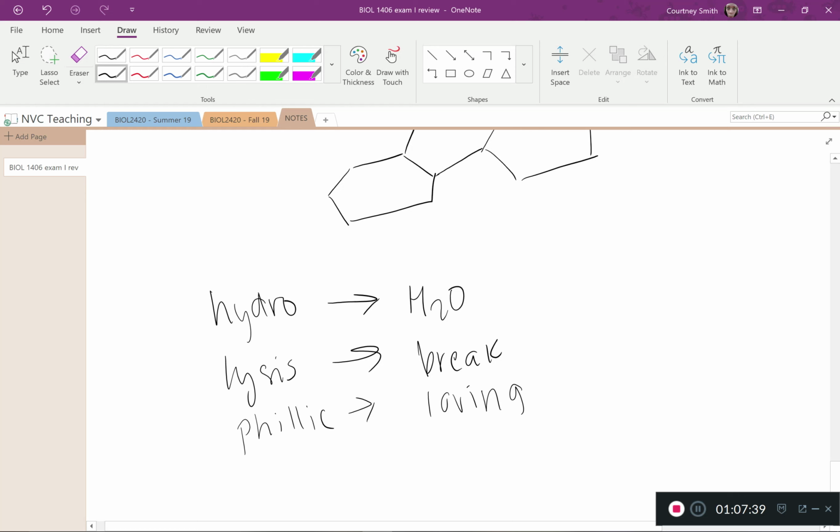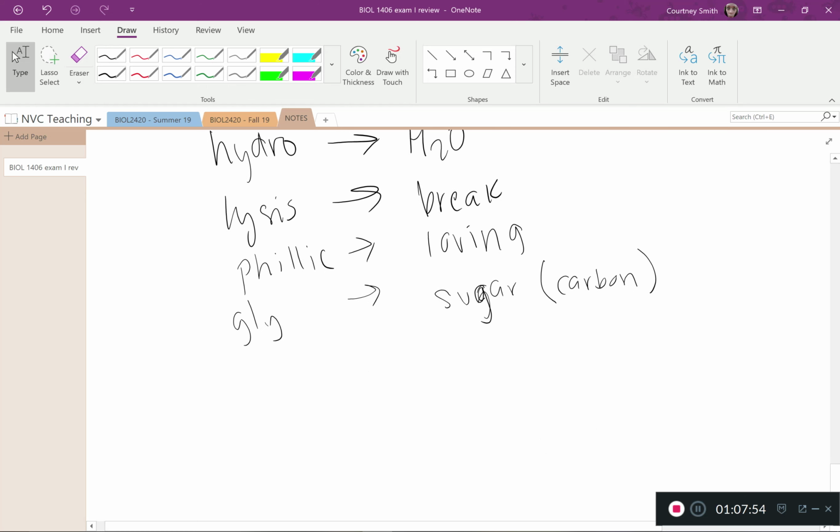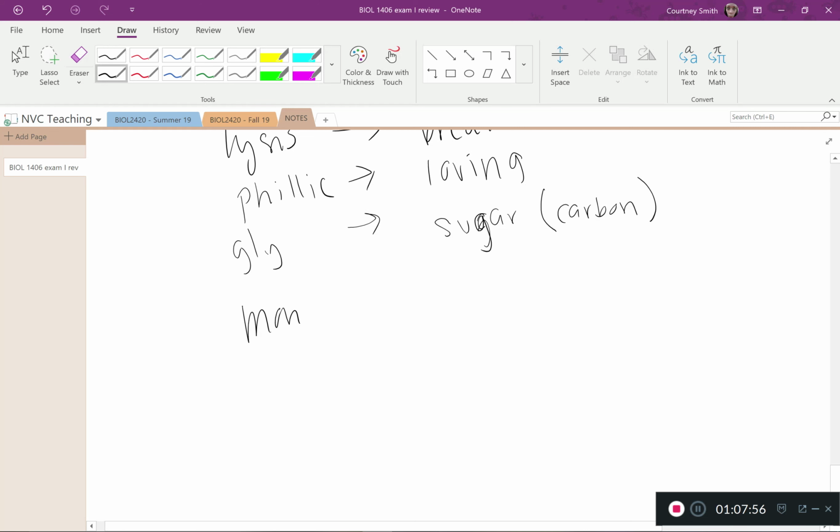And then we have gly, which means sugar, meaning there's going to be carbon present. And then we have mono. Mono means one.